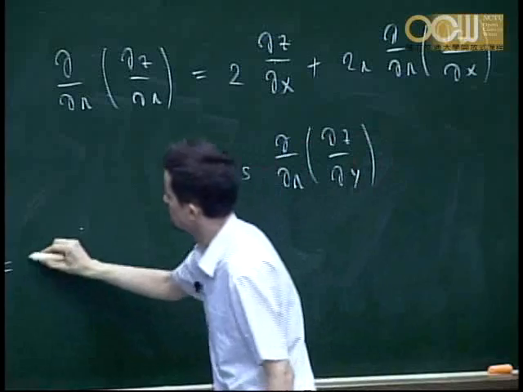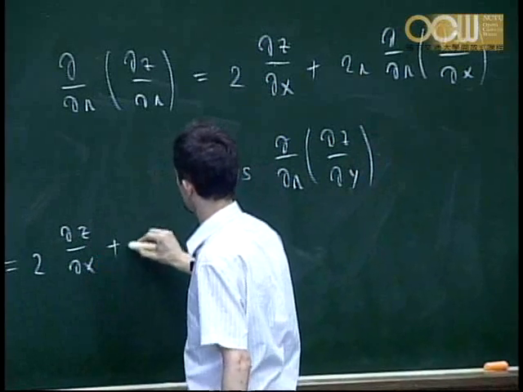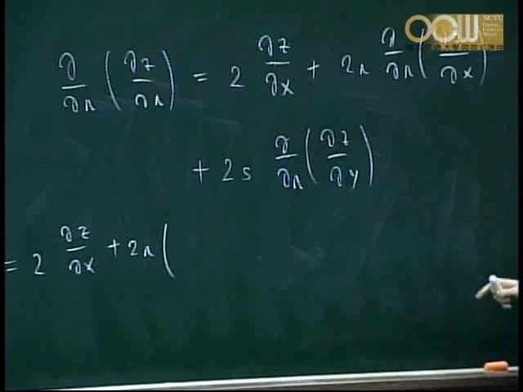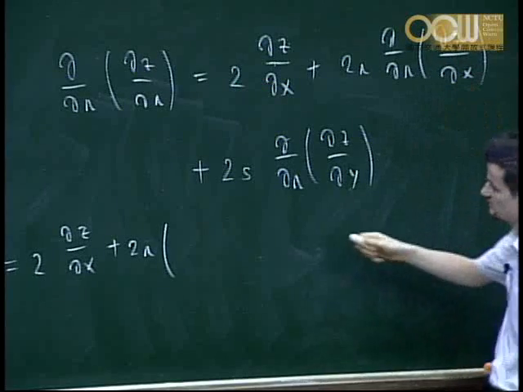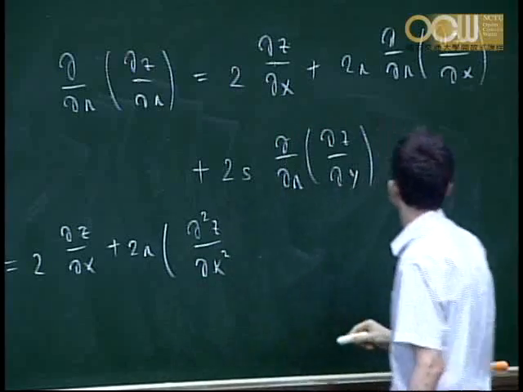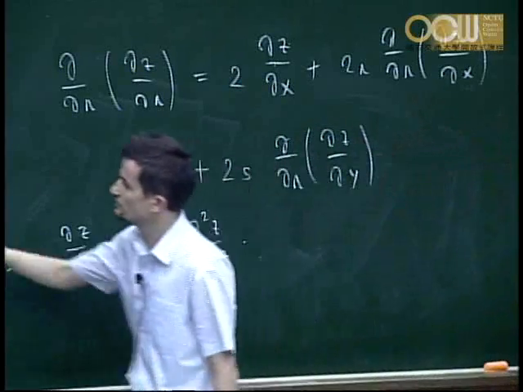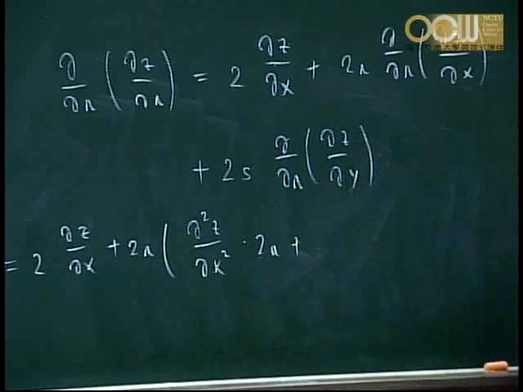So we have 2 times the partial derivative of z with respect to x plus 2 times r. For this one, we take the partial derivative with respect to x. So what we get is the second partial derivative with respect to x times the partial derivative of x with respect to r, which is 2r, plus the partial derivative with respect to y.